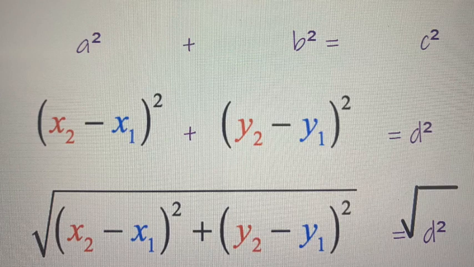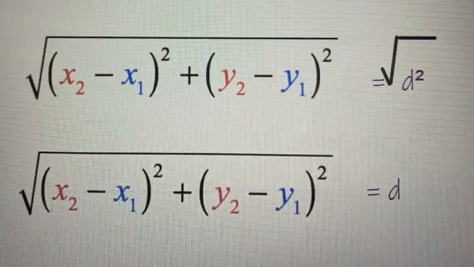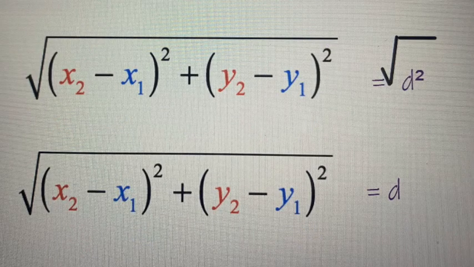I really can't do anything with the left hand side, but I can with the right hand side, because when I square root d squared, it's going to equal d. Hence, the distance formula is really the Pythagorean theorem.